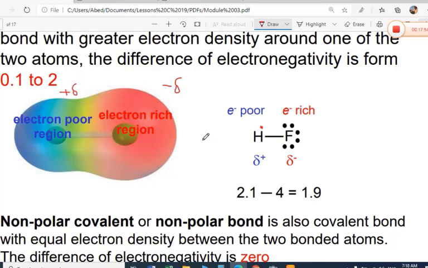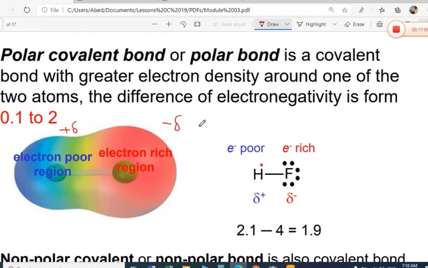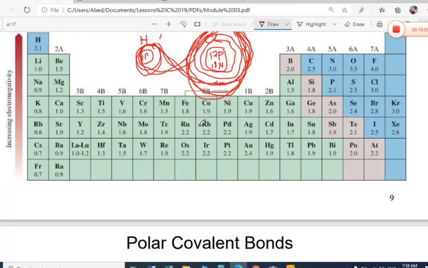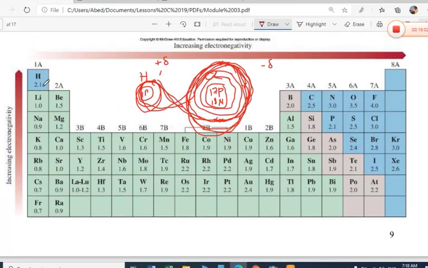And how will we know? That is the calculation, the electronegativity. The periodic table shows you the electronegativity of an atom like this. The minimum electronegativity is cesium or francium, 0.7, and the maximum electronegativity is fluorine.